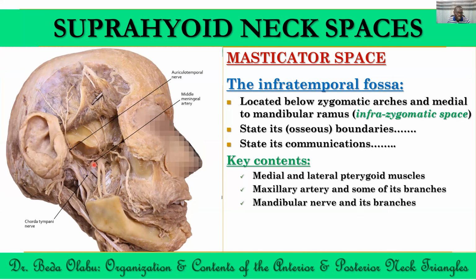This image now captures for you the mandibular nerve and its branches. So other than the buccal nerve, lingual nerve, inferior alveolar nerve, we can also see other nerves, auriculotemporal nerve there, the deep temporal nerves there. In addition to that, we also have the chorda tympani nerve, which is this one.